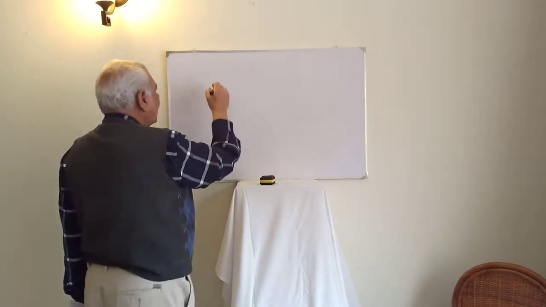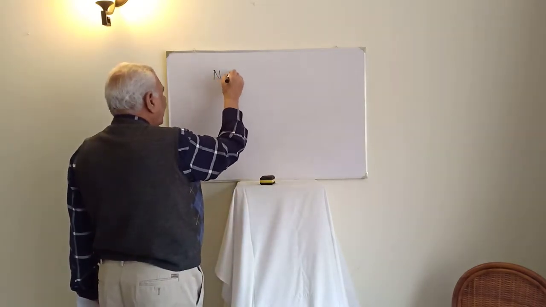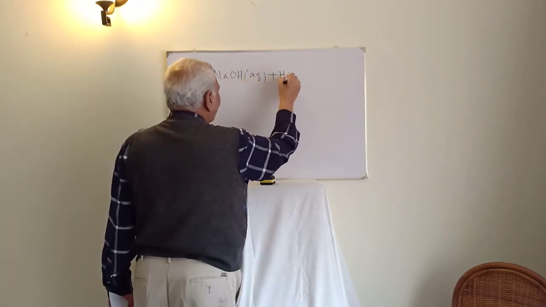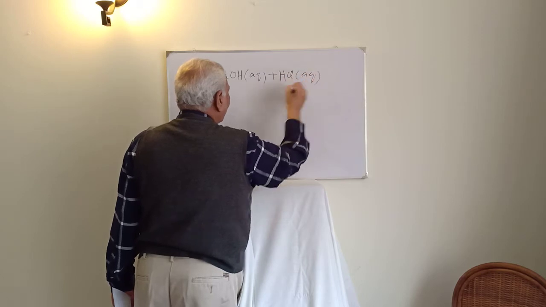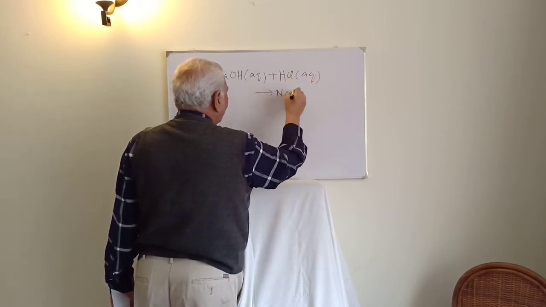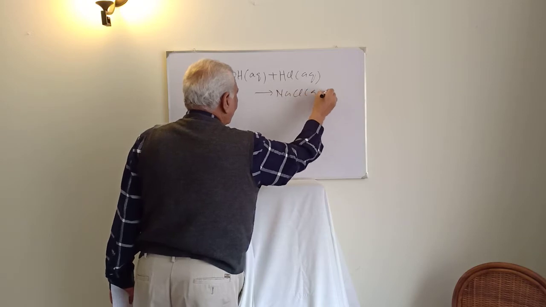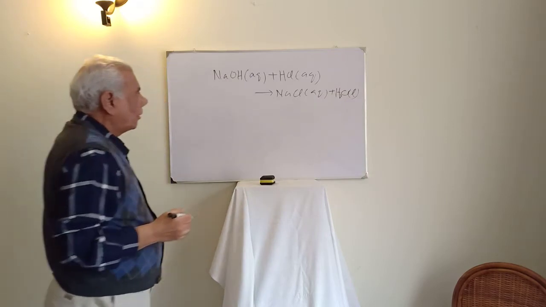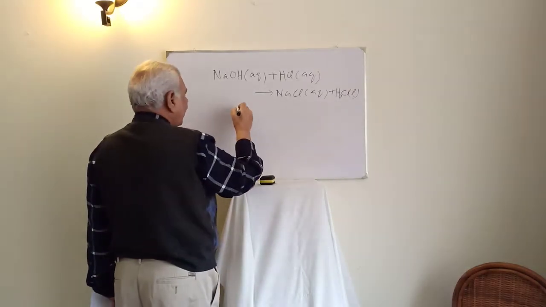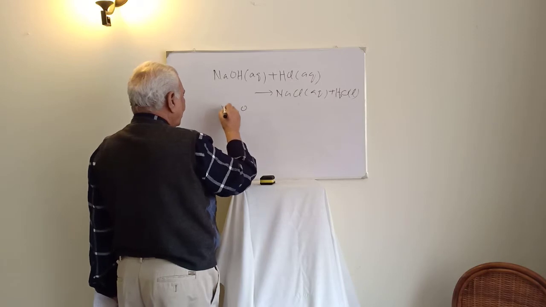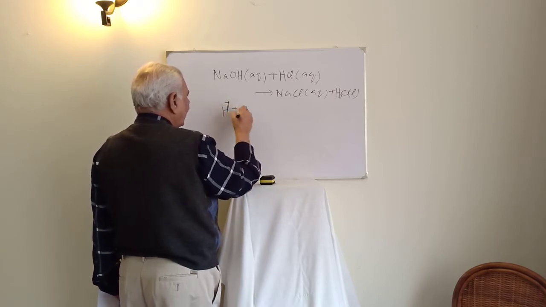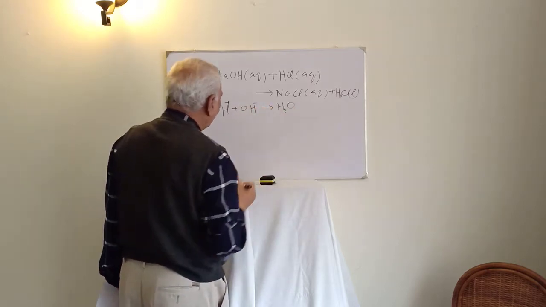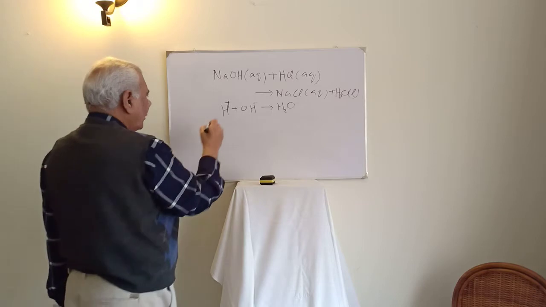For example, NaOH aqueous plus HCl aqueous gives NaCl aqueous plus H2O liquid. The ionic reaction in this case is simply H plus aqueous plus OH minus aqueous gives H2O liquid.